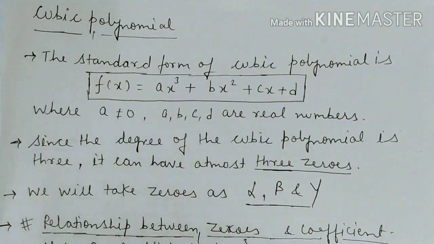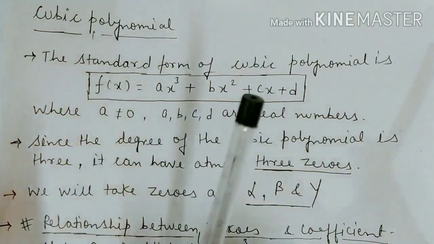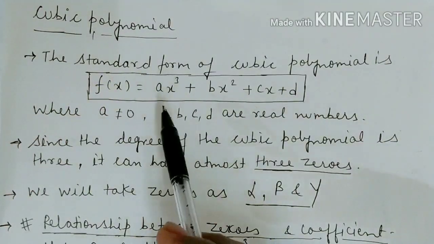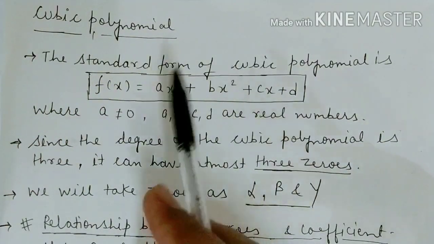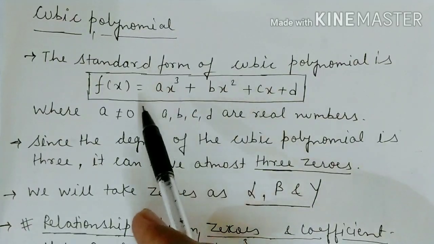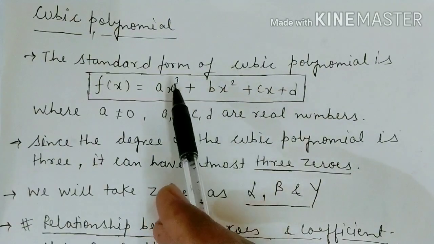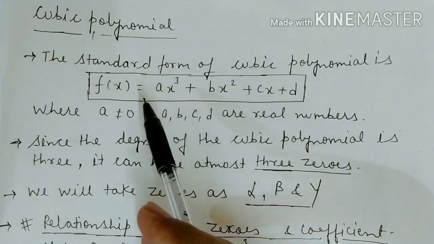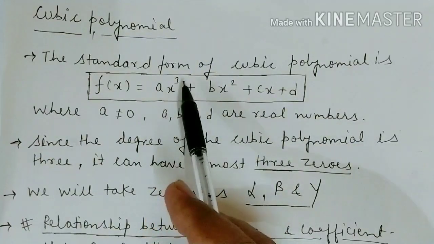Now let's understand the cubic polynomial. Very simple. Any polynomial is generally classified based on the degree of the variable, or we can say the degree of the polynomial. Here you can see that the highest power of the polynomial is 3.